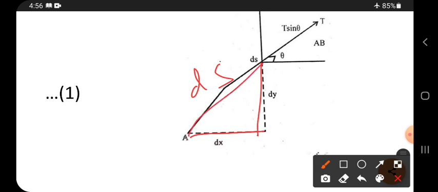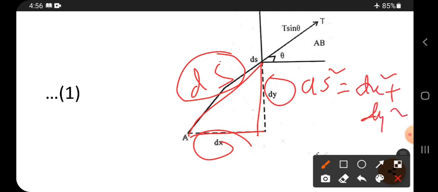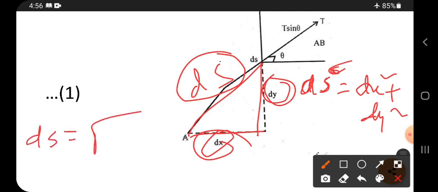According to Pythagoras, hypotenuse square is equal to side square plus side square. This side is dx and this side is dy. Keep ds only here, and bring the root to that side. So then ds is equal to under root dx square plus dy square.